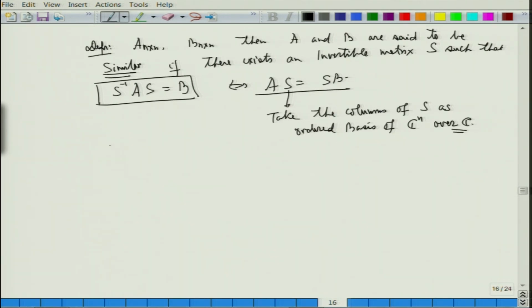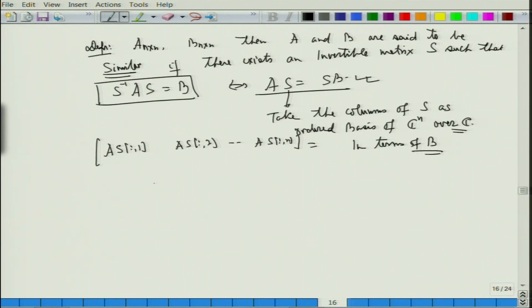Then what we are saying is that I have got A here, I am applying, so S is there, so I am applying A to the first column, A to the second column, and so on, A to the nth column, and then I am saying that this is the same as S times B. So now I am looking at the other way around, the column wise. All right, so you can write it again like this itself in terms of B. Fine, this is what it is.